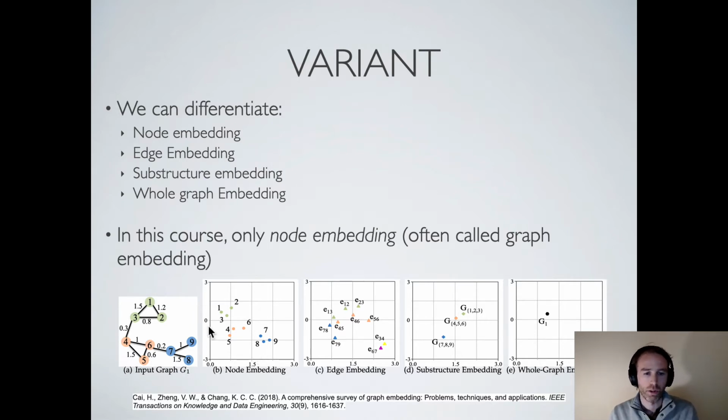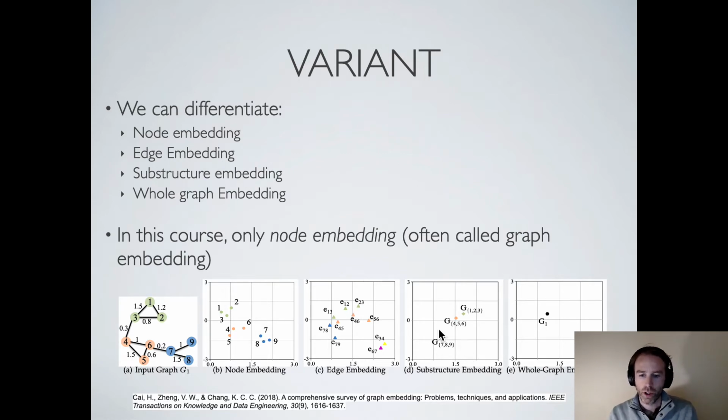In this case, it's a two-dimensional space. If I do node embedding, each node corresponds to one dot in this two-dimensional space. If I do edge embedding, then each edge becomes one point in this two-dimensional embedding.